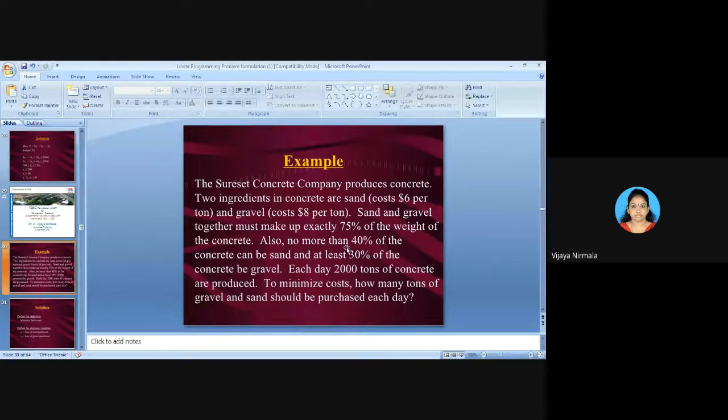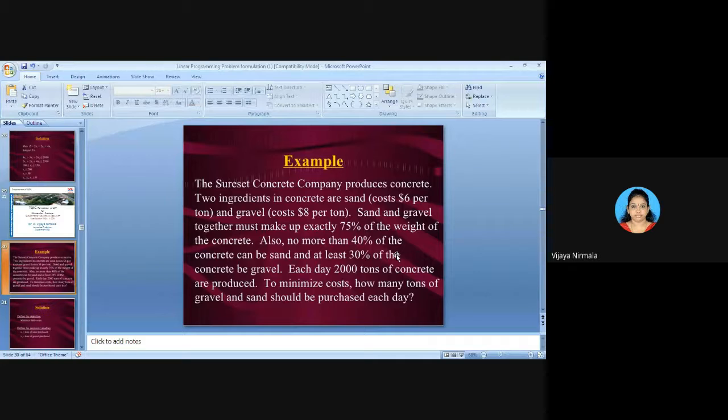Also, no more than 40% of the concrete can be sand. And at least 30% of the concrete must be gravel.